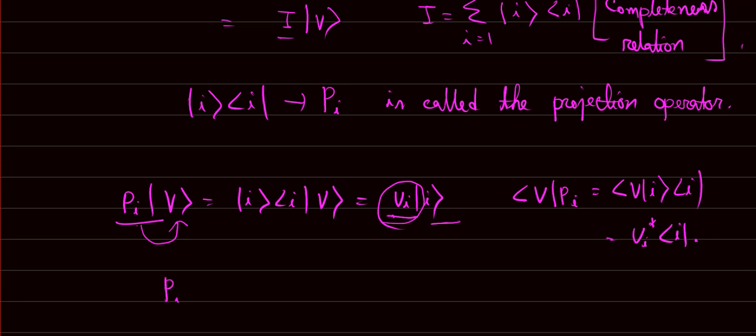And if we take the product of two different projection operators, we will find that this is given by this. This is delta ij, Kronecker delta, and this whole thing can be written as delta ij P_j, right?